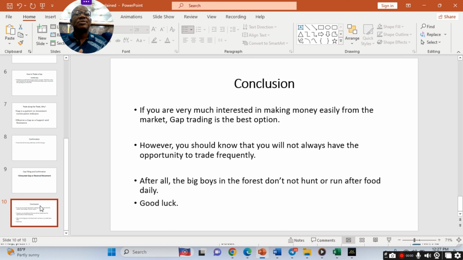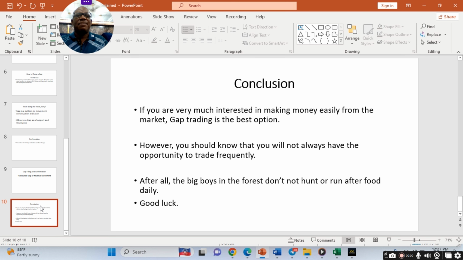Let's think about it. The successful forex traders do not trade daily. They don't come to the market every day. They act like the lion, the cheetah, the big boys in the forest. The lion, tiger, cheetah, they don't go around looking for meals.